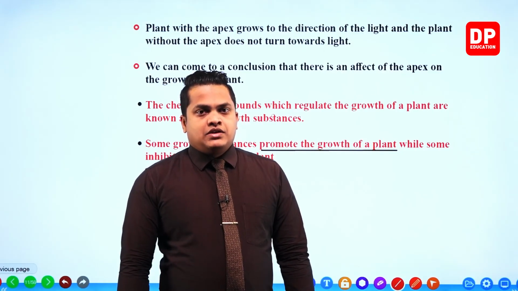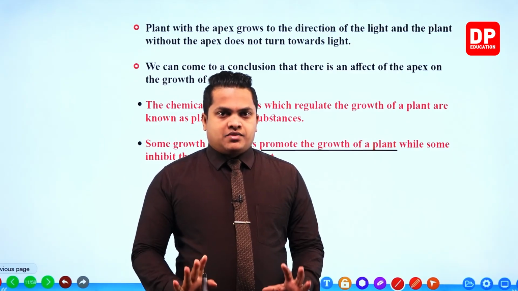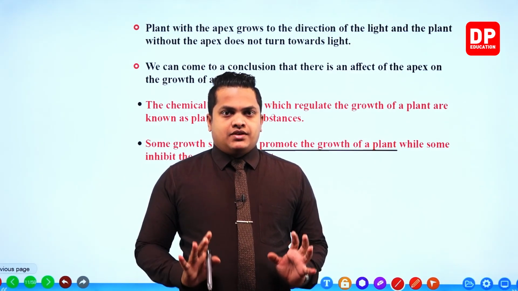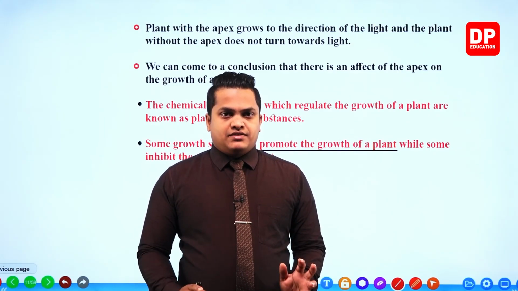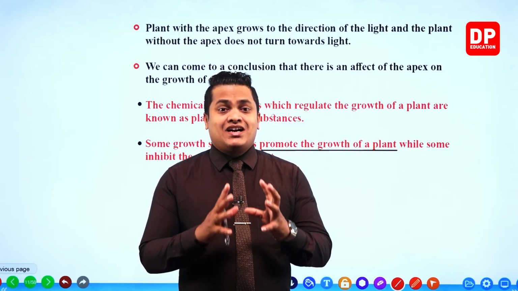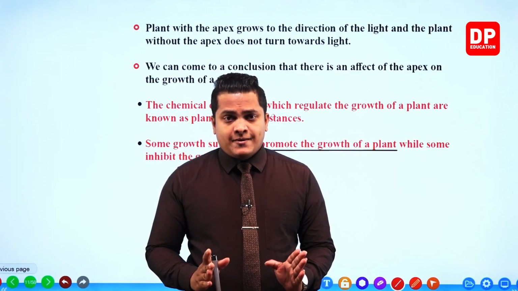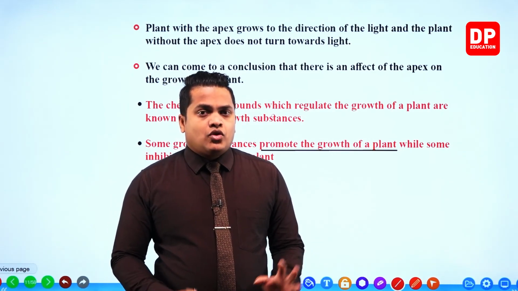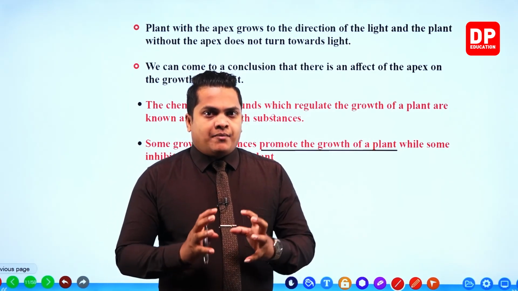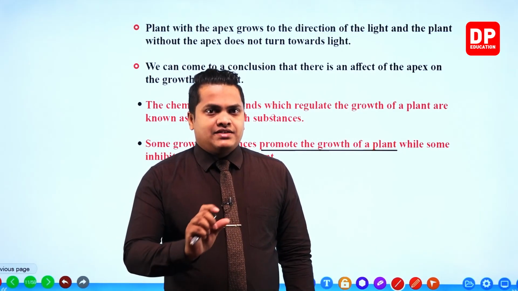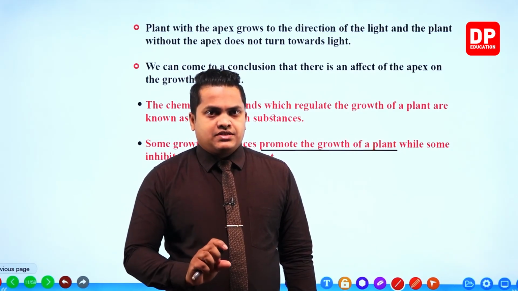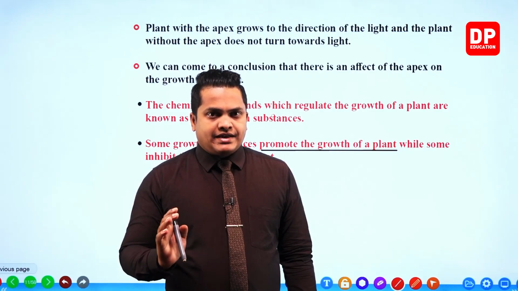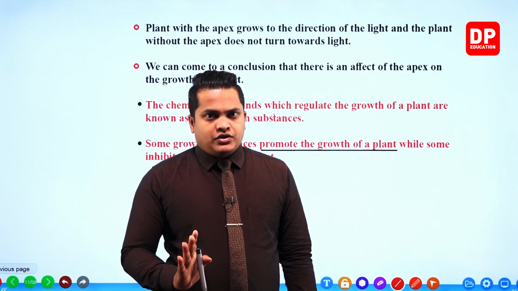Now you have good knowledge about growth substances. Growth substances are the ones that help growth. These are chemical substances, remember, created within the plant. So we identified that the apex of the plant carries some growth substances. That's why it is going to increase the height.